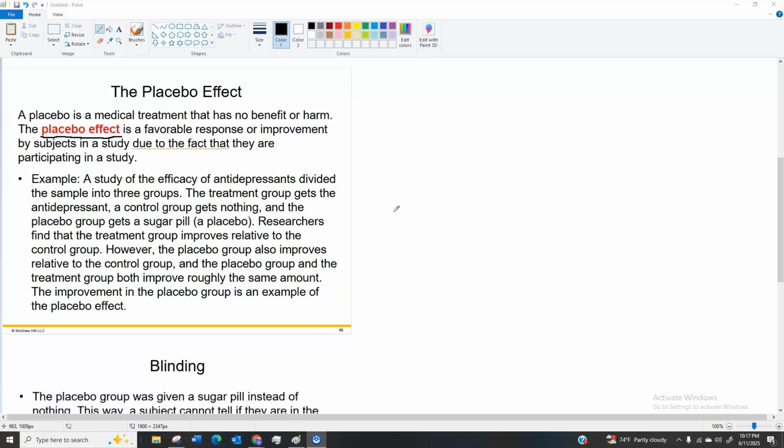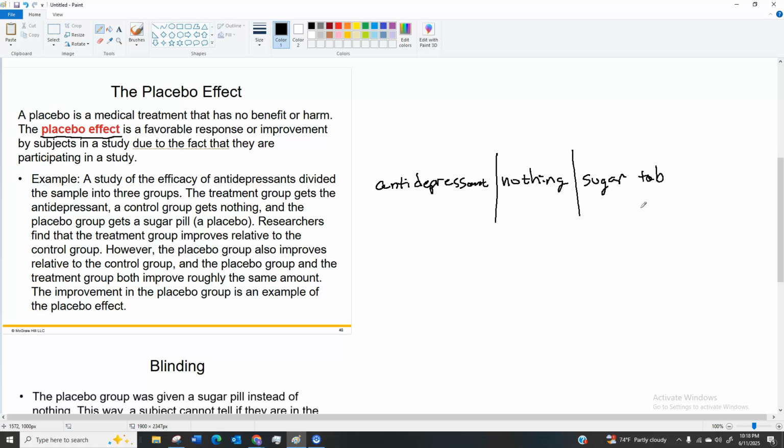So the example that's given here is the researchers actually split these patients or these study participants into 3 groups. One group got an antidepressant, another group got absolutely nothing, and then another group got a sugar tab.